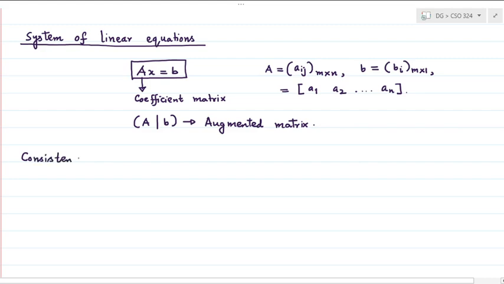Consistency: this system is called consistent if there exists one x which satisfies Ax equals b.